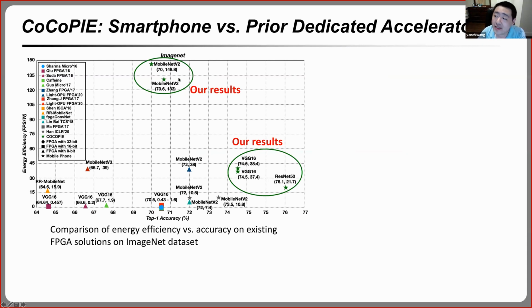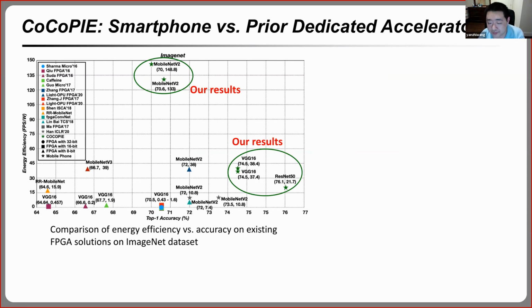And we can simultaneously be faster, more energy efficient, and more accurate. Our results are clustered into 2 categories. One is the large-scale models like VGG or ResNet 50. One is the smaller models like MobileNet V2. But they show superior results compared with the prior work, even though those work on FPGA.